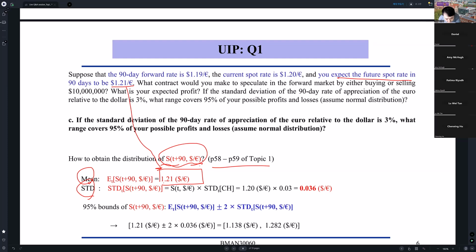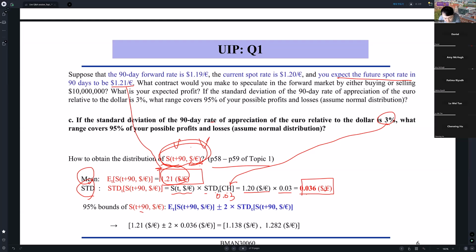The standard deviation is the current exchange rate times the standard deviation of change. This one is the standard deviation of change, so 0.03. So the current exchange rate, $1.20 per euro, times 0.03, you get this one. This is the standard deviation of this guy. This is the mean of this guy.